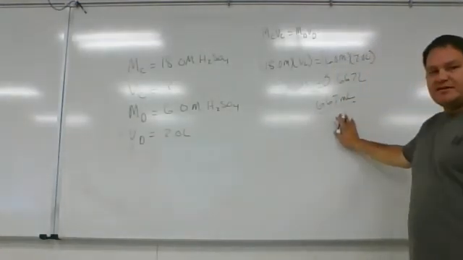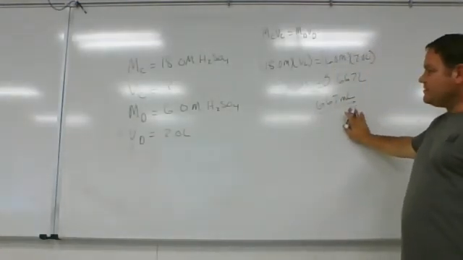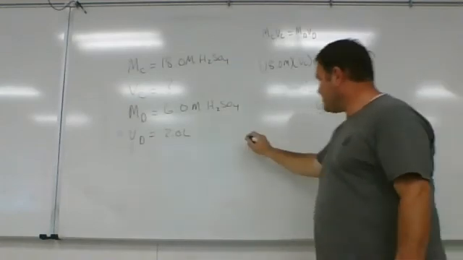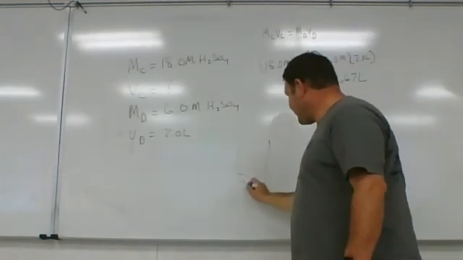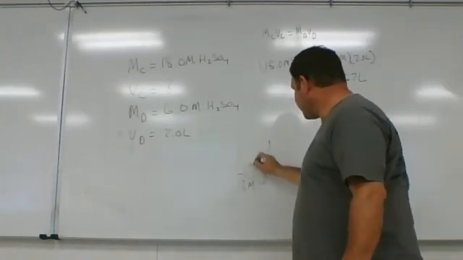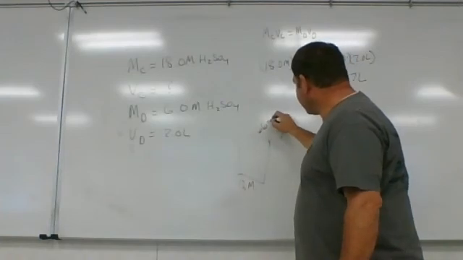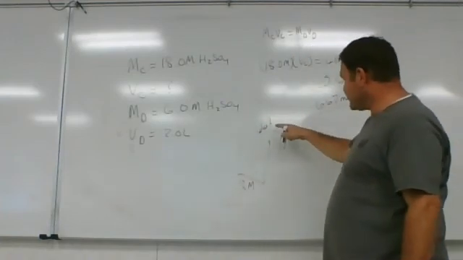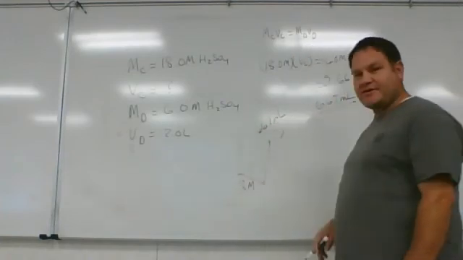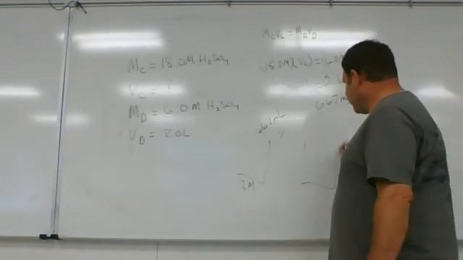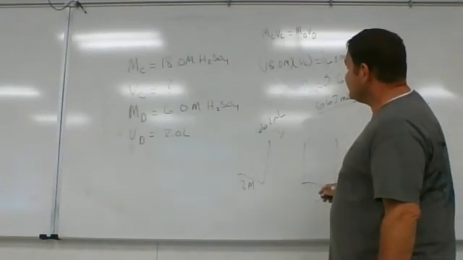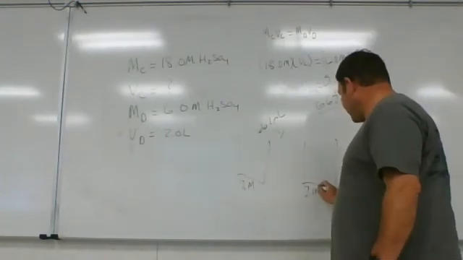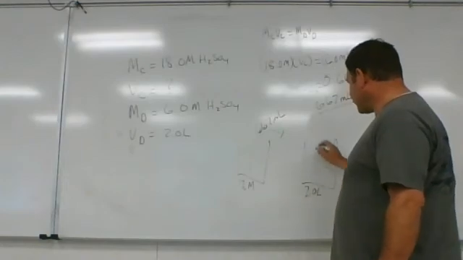So essentially, this is the volume of the concentrate. So again, here's my concentrated acid, and I'm going to remove 667 milliliters out of there, pipette it out, and put it into, in this case, a 2-liter flask.